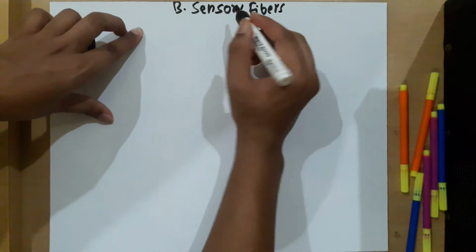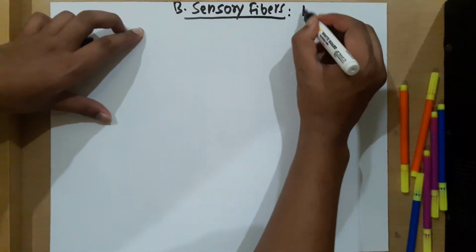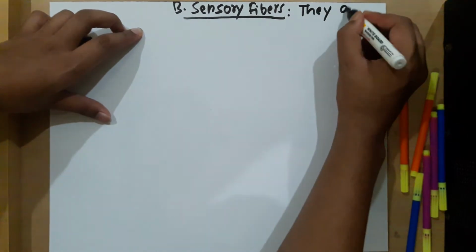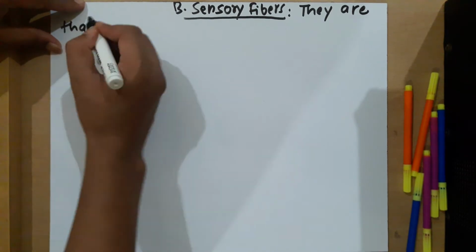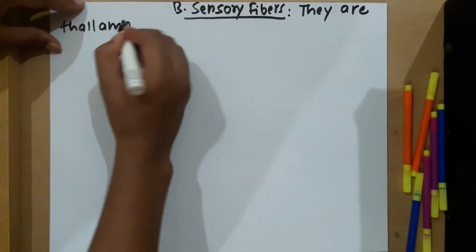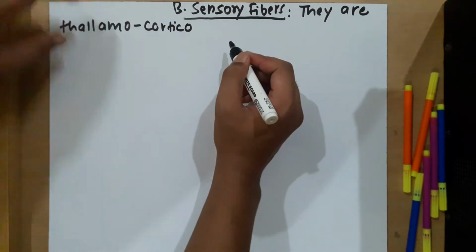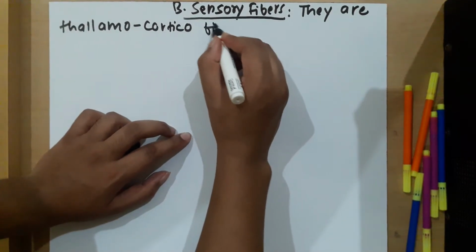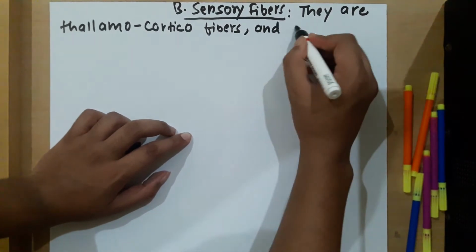So sensory fibers are the thalamocortical fibers. They are thalamocortical fibers and of 4 types.